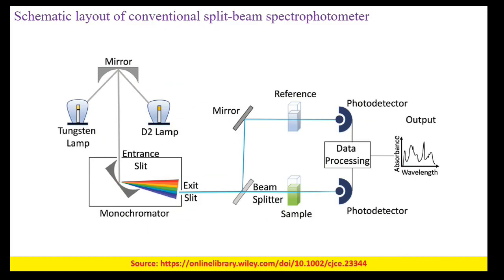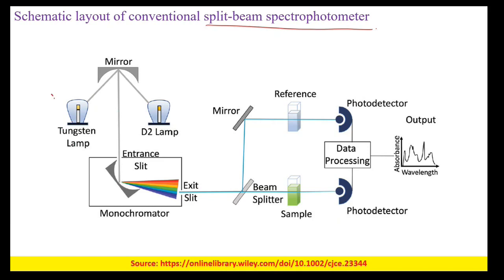Now, again, coming over here, we discussed in our last class that in the UV visible split beam spectrophotometer, we use two types of lamps.